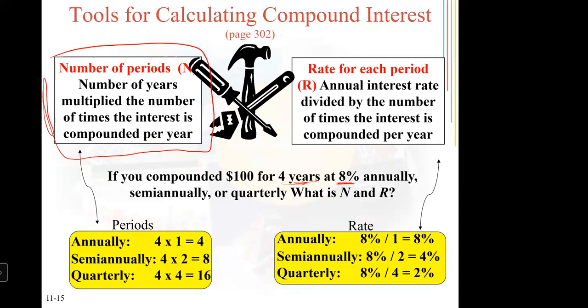The rate for each period is the annual interest rate divided by the number of times the interest is compounded per year. It's only compounded once because it's annually, so 8 divided by 1 is 8. So the rate per period here would be 8. So this would be 4 periods, and the rate per period would be 8% per period.